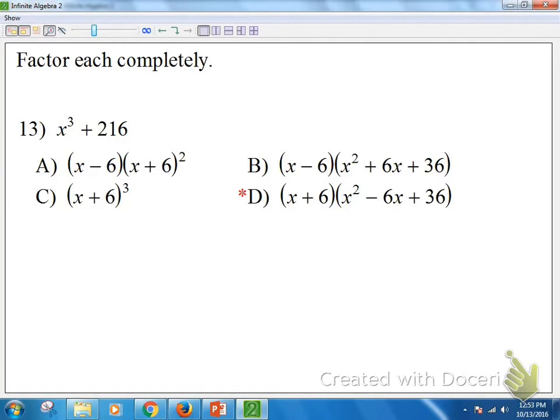Okay, last one, 13. I'm going to rewrite it down here.